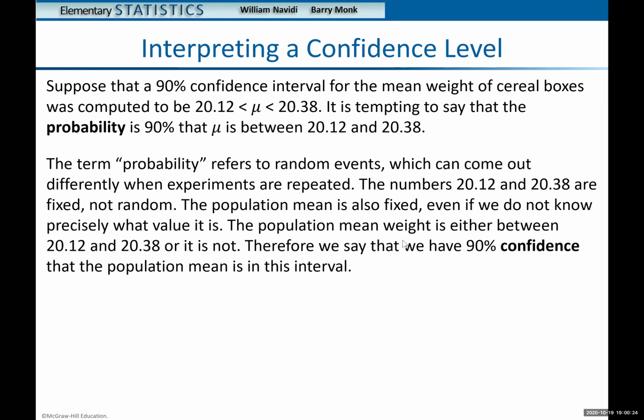The population mean weight is either between those two values or it is not. Therefore, we say that we have 90% confidence that the population mean is in this interval. So that's why we don't say probability. So when we write our interpretation, you always write it with our confidence level.